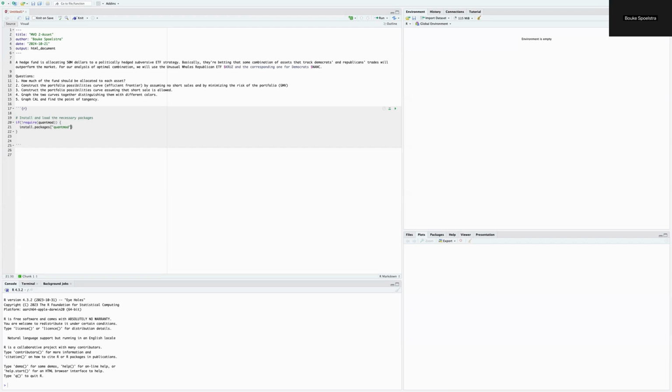This is really a useful package for various financial applications, importing data, manipulating it, and plotting it. So that's mainly what we're going to be using. And then we also want to reference it. Library quantmod is how we reference it. So yeah, we always need to install and reference. Then we're going to get the data for the last 1 year.